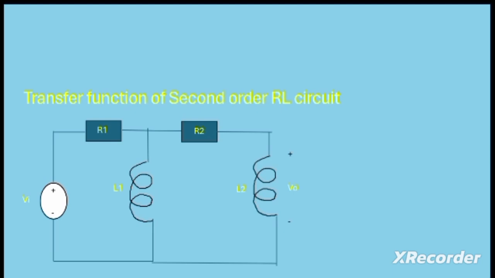After that, by solving L1 and the value we get after adding R2 and L2, we will find the node voltage, and that node voltage will be divided among the resistor R2 and the inductor L2. We are getting our output voltage at L2.